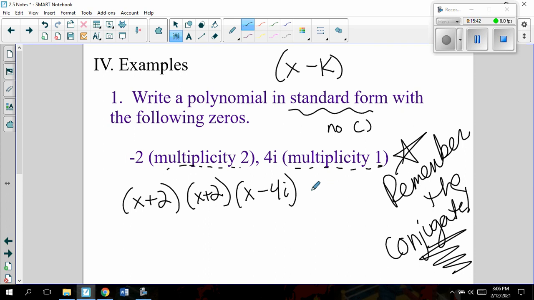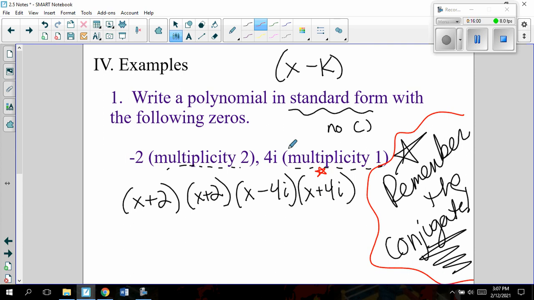No, it's not listed, but it comes from that complex conjugate 0 theorem, that if 4i is a 0, then negative 4i is also a 0. And so you have to remember this part. That's why, highlight, circle, star, whatever you got to do.